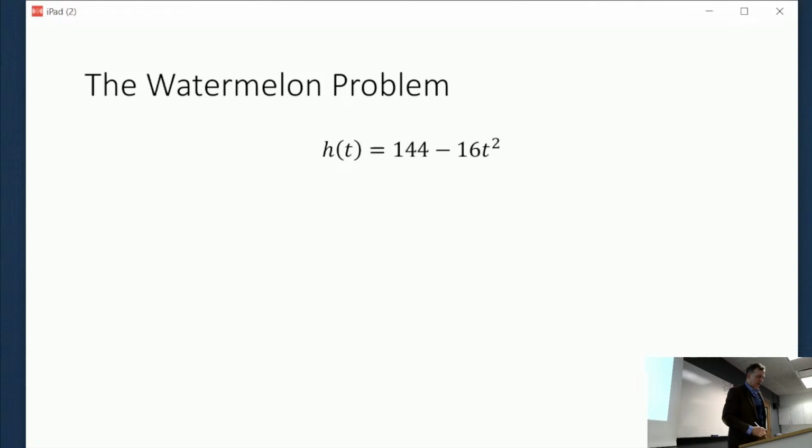So we're going to drop the watermelon off the top of a big, tall thing, and what we want to do is compute how fast this watermelon is going when it hits the ground. If you remember, we figured out the average speed between 2 points, and we kept making those points closer and closer together.